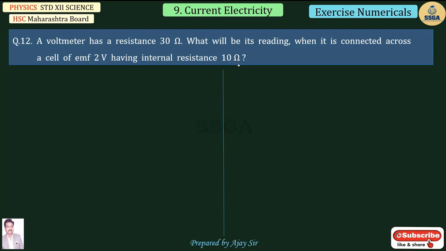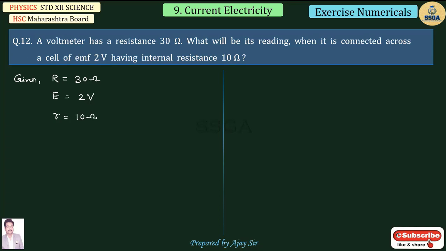First we will write the given things. The voltmeter has resistance R equal to 30 ohm. What will be its reading when it is connected to a battery of EMF 2 volt, with internal resistance equal to 10 ohm?